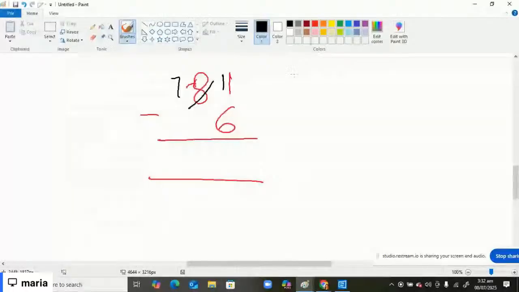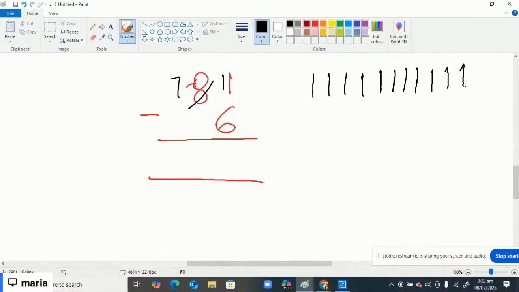Now draw 11 lines, and now remove 6 lines, 3, 4, 5, 6. How many are left? 1, 2, 3, 4, and 5. And now this 7 stays as it is, so the answer is 75. Is it the right answer? Let's see.